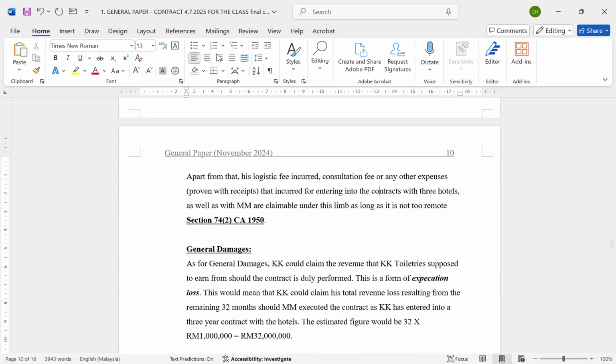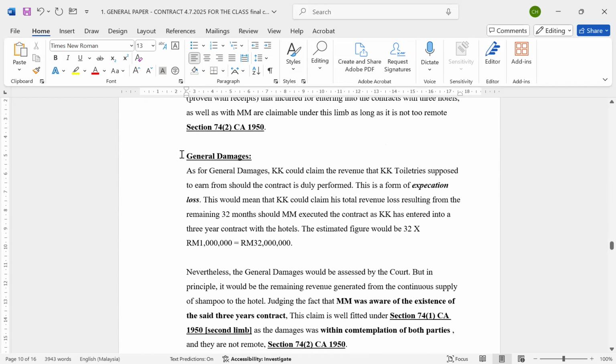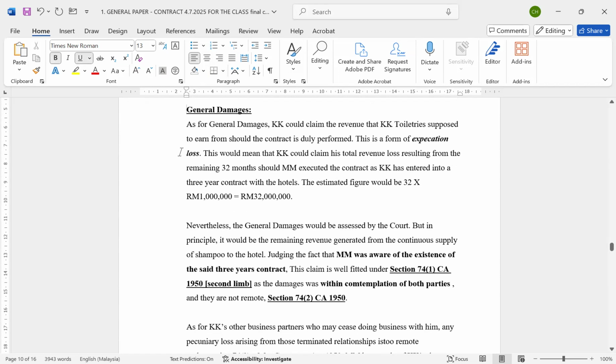Section 74 sub rule 2 of your Contract Act. Apart from that, the second species of damages that you can claim would be general damages.